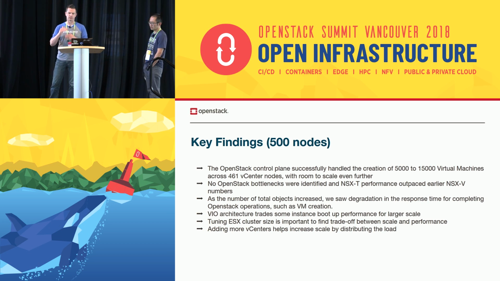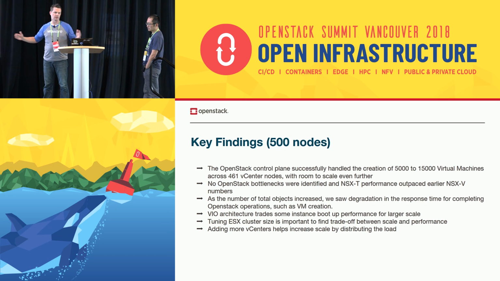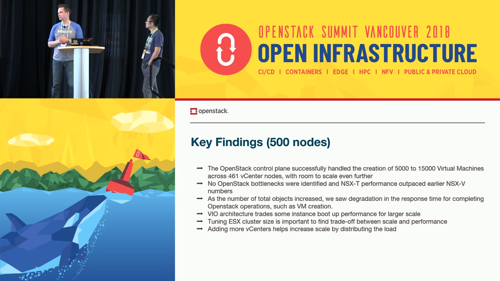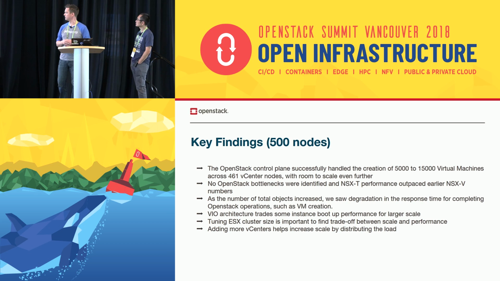So we might not be able to boot up as fast, but it looks like instead we'll be able to scale to a much higher number of hosts. And of course, as we scaled up, we saw some degradation in time as the number of objects increased in the system.